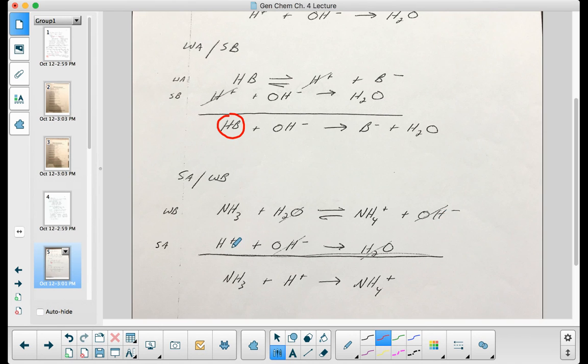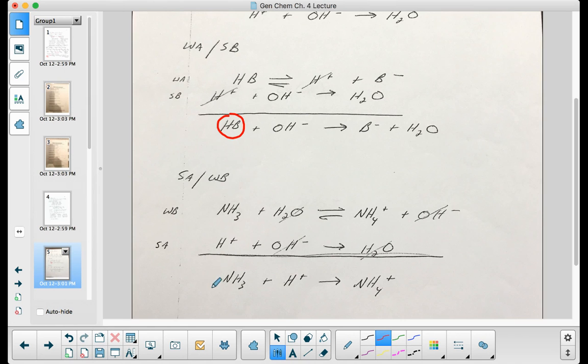But what happens is that the hydrogen ion from the strong acid reacts with the hydroxide to form water. So if we look at this, hydroxide is being produced here and used up here, water is being reacted here and produced here, so they cancel out. If they're on opposite sides of the yield sign in the reaction, then they're going to cancel out.